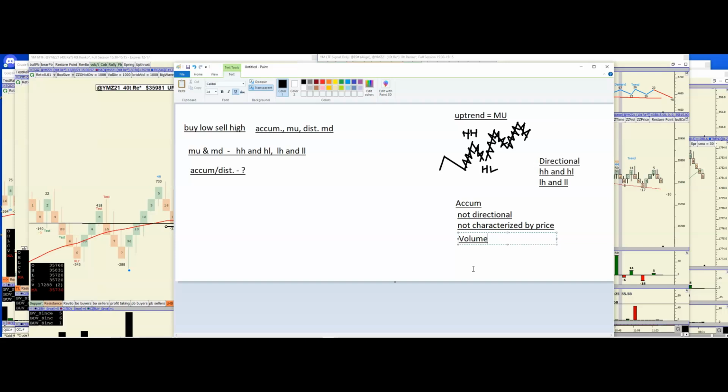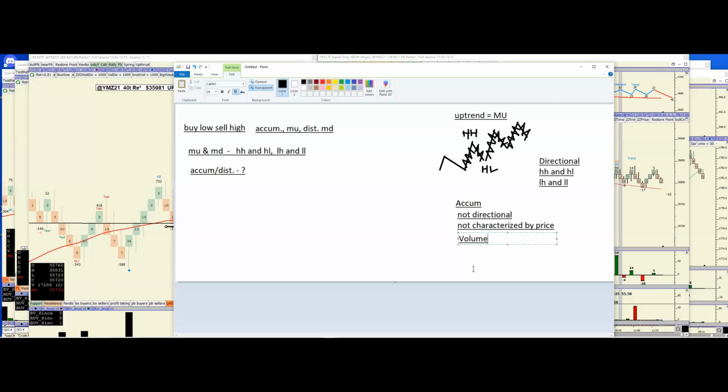I think the term is scalar, but volume is not a directional thing. It's just something that describes an amount. So, to make a long story short, accumulation and distribution are not characterized by price. They are characterized using volume.